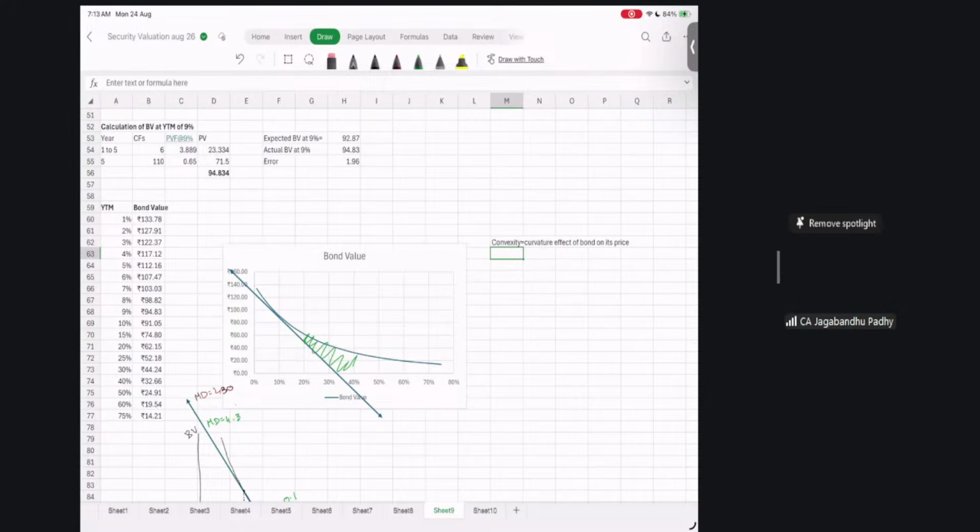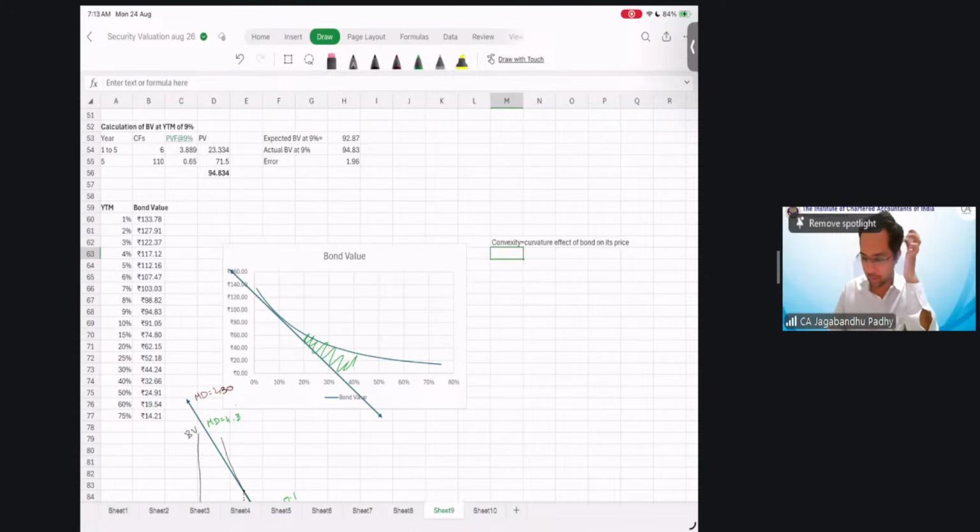Now, how do we measure that convexity and how do we bring it into our calculation?